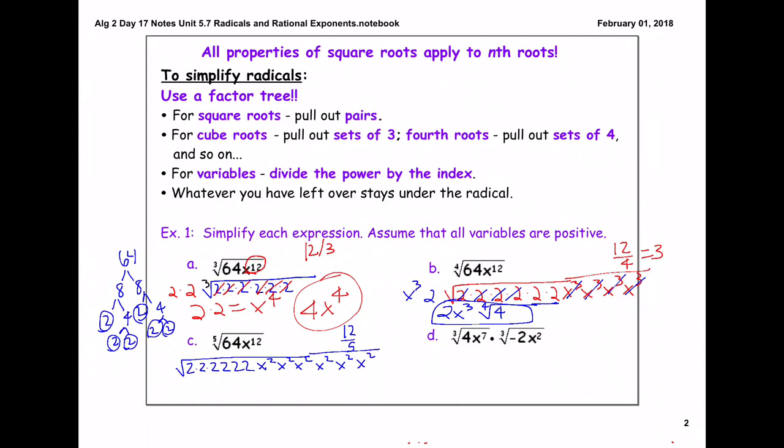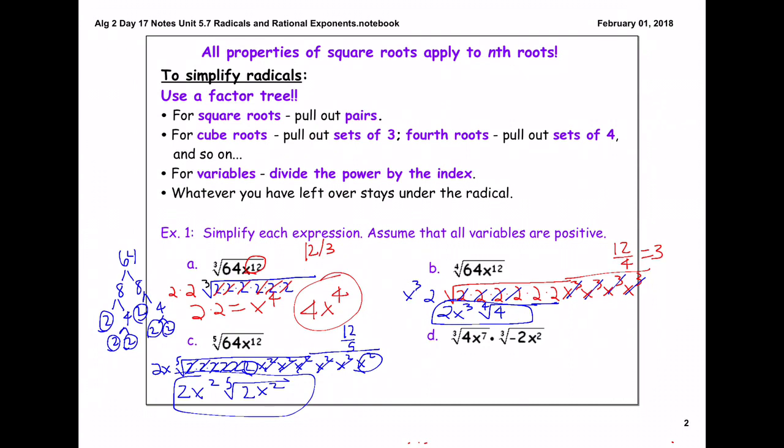We want to look to see what we have 5 of that matches. This is the fifth root. Don't forget your index. 1, 2, 3, 4, 5. You can pull a 2 out. 1, 2, 3, 4, 5. We can pull an x squared out. So we have 2x squared times the fifth root. We have a 2 left underneath, and we have an x squared left underneath.